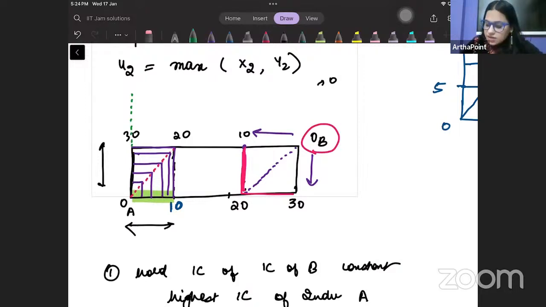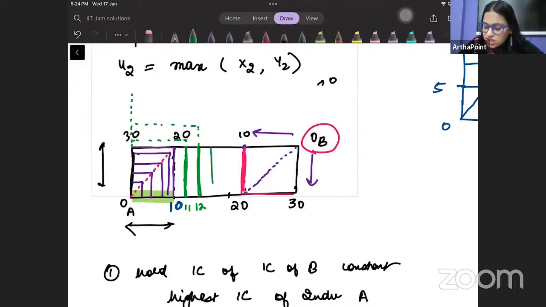But suppose we extend it, then the point 11 must have met somewhere here. So this IC, this much part I can show within the Edgeworth box, but that dotted line I cannot show on the Edgeworth box. Similarly, this IC which represents 12, 12 ka point, this is his next IC. Some part is outside the Edgeworth box, but this part is within the Edgeworth box.